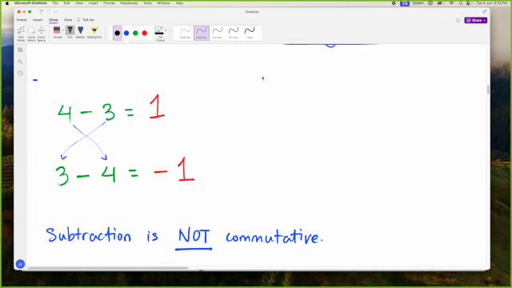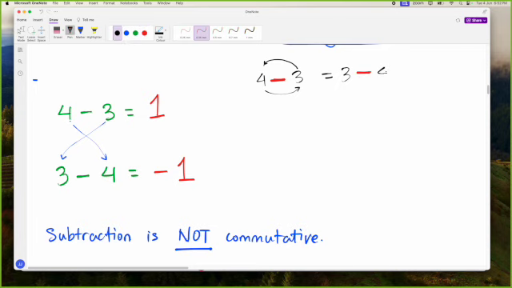So if I have 4 minus 3, and I put the 3 on this side and I put the 4 on this side, but I leave the subtraction in the middle, right? So we have 3, I leave the subtraction in the middle, and I put 4.